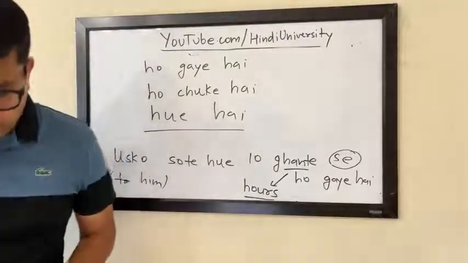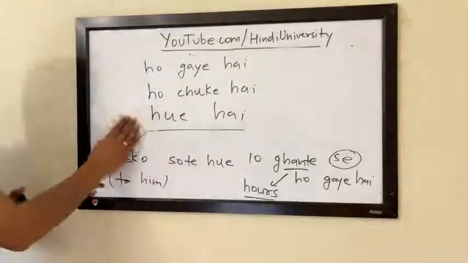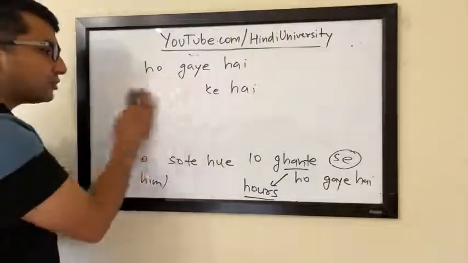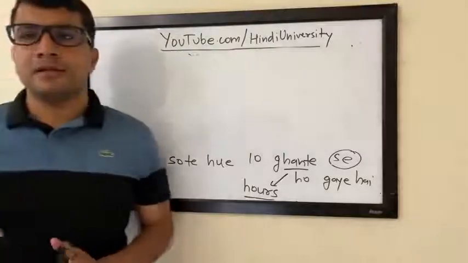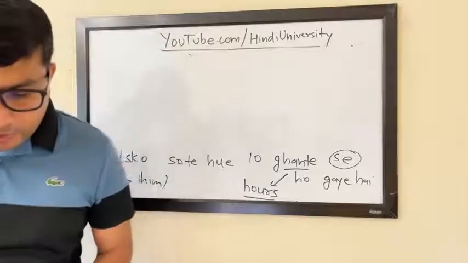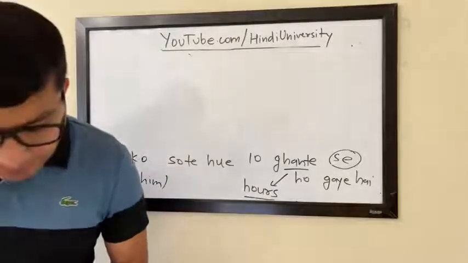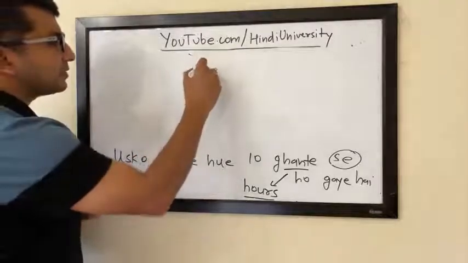Dhanyavad. Okay. Now I'm going to give one more, which is, let's say you are at the bus stop or train stop, and you've been waiting for the bus or train or even the taxi to come, and let's say you've been waiting for 5 hours.